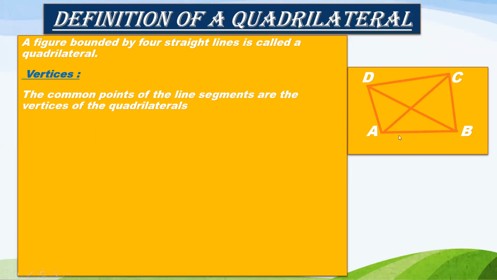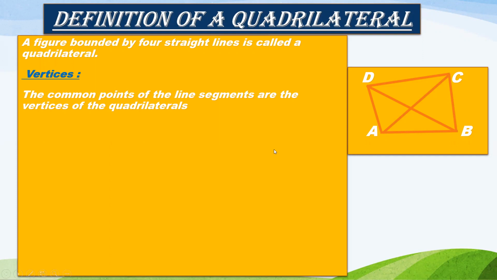Here you can see that this line AB and AD, the common point is A. So here A, B, in the same way C and D. These are called the vertices of quadrilaterals. If I talk about only A, it is the vertex of quadrilateral, and if I'm talking about all the vertices, the plural of vertex is vertices.